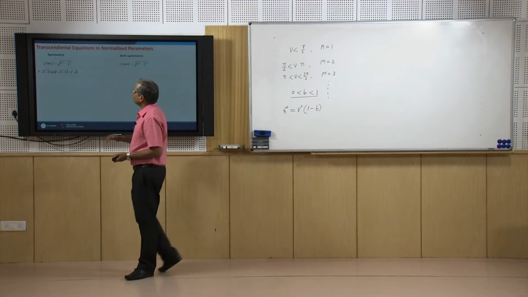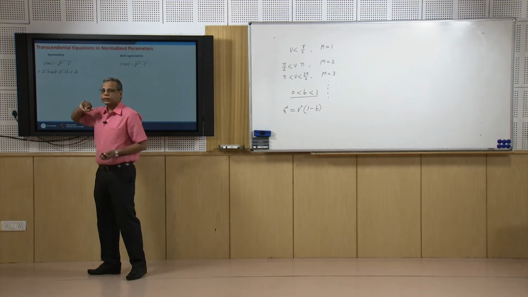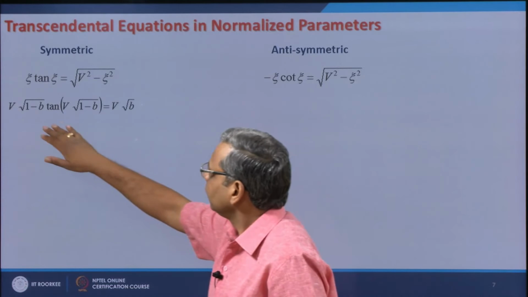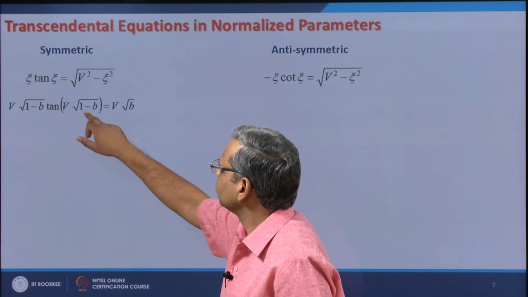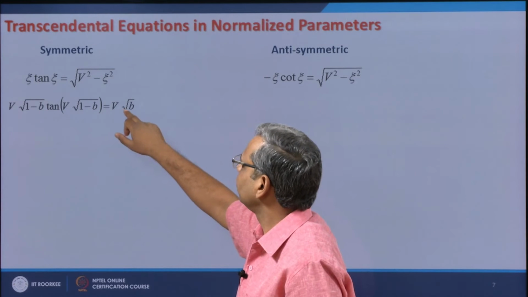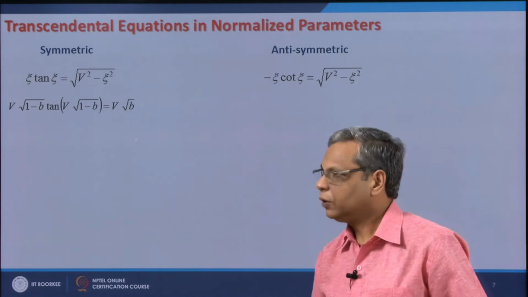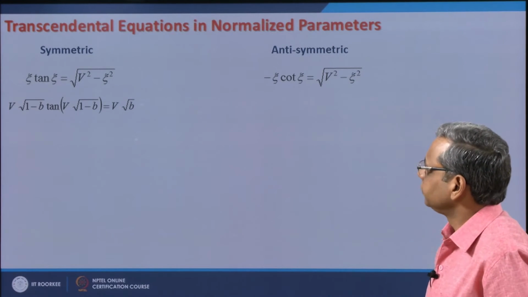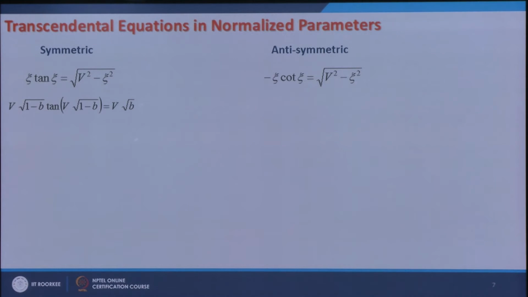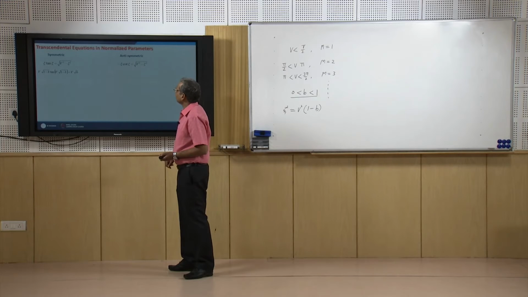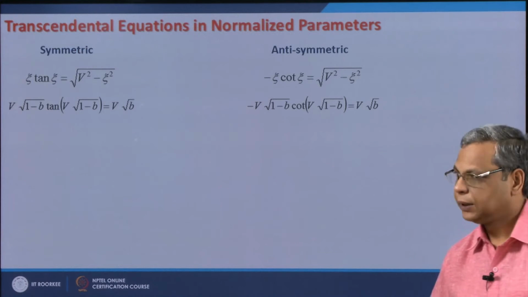So for symmetric mode, this transcendental equation will transform to V times square root of 1 minus B, tan of V times square root of 1 minus B, is equal to V times square root of B. Because V square minus xi square would be V square B. And for anti-symmetric mode, this equation will become this.